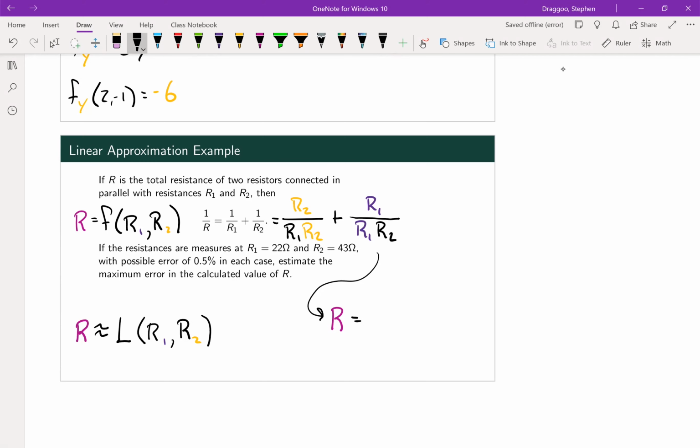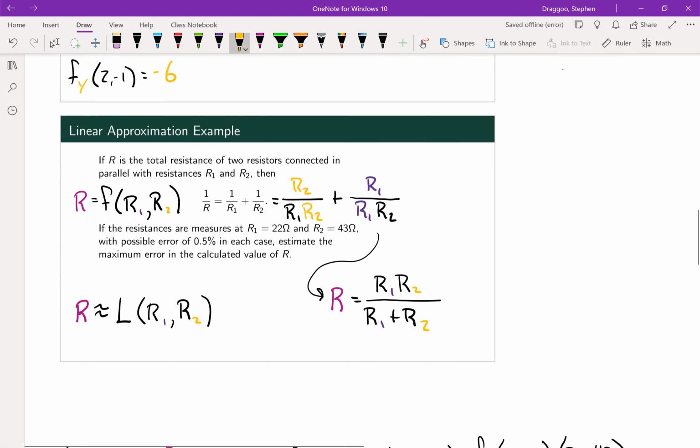Its reciprocal then should be R1 times R2 divided by the sum of R1 and R2, R1 plus R2. So now I've got myself an equation for R, so we're going to run with it.